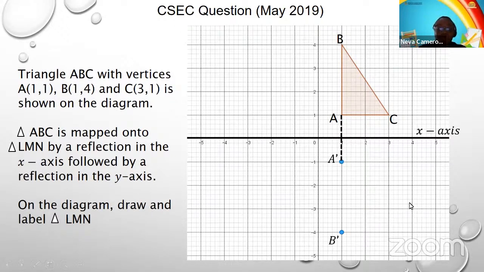We don't have to go to a generalization. We can actually count and see. And so that's beautiful. So let's look. We're going from the mirror line 4 units up to B, and therefore B prime will be 4 units away from the mirror line. And same can be said about our C prime, and we would have completed the first reflection in the x-axis.